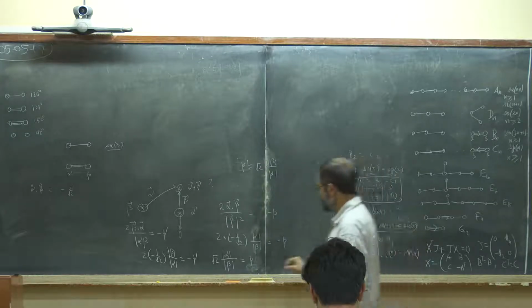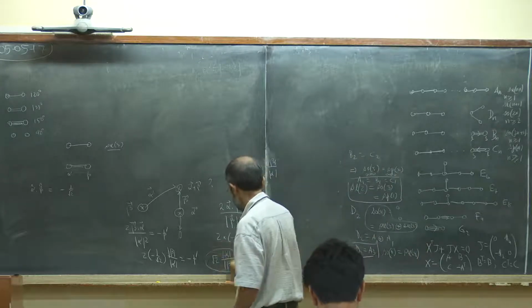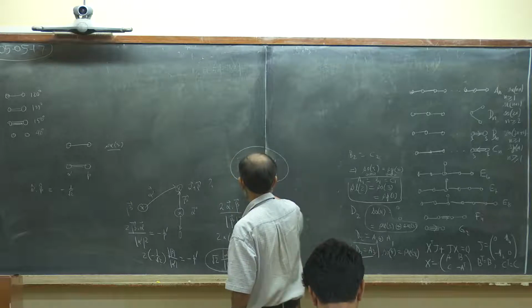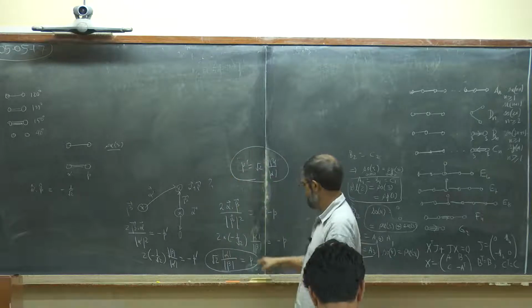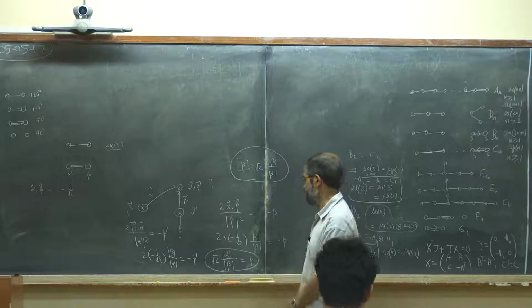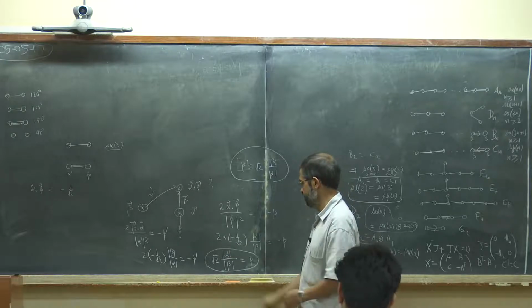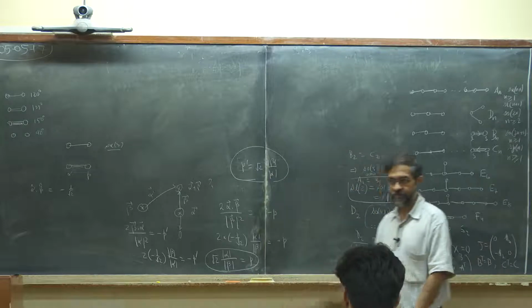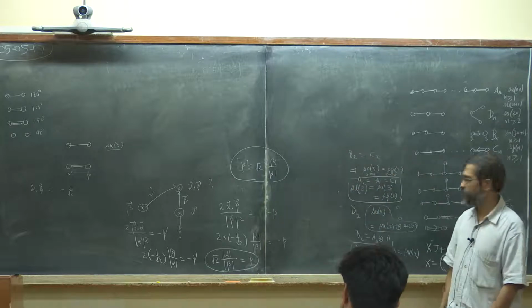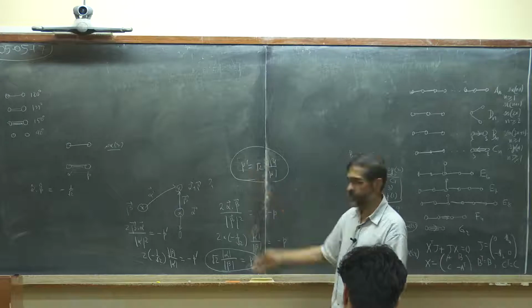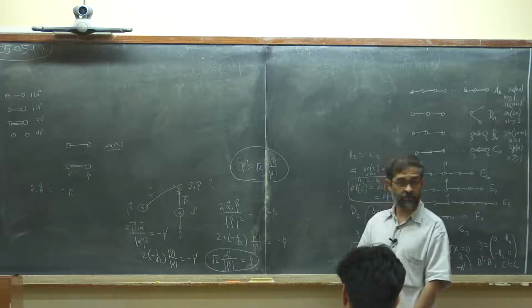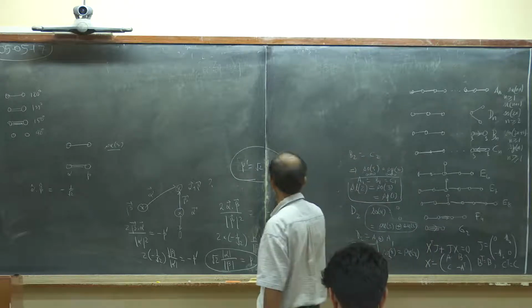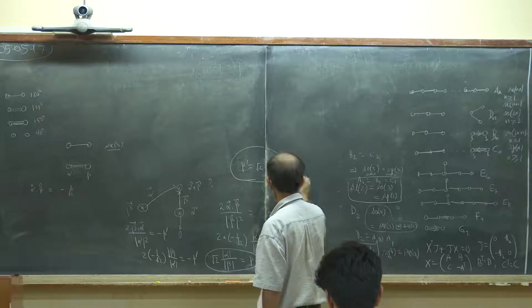So is there a solution of this system with some assignment of value to this ratio, and p and p prime are both integers? First of all, you can get rid of this ratio by taking a product of these two relations. You get p p prime equal to 2.